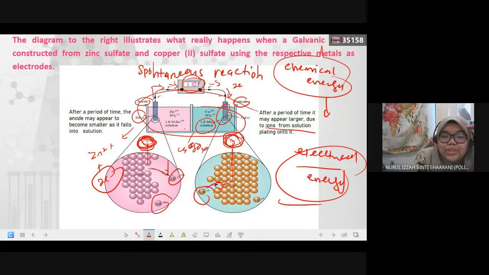So dia tak boleh, dah ambil dah ni, tindak balas dah selesai dah, and then the ion from the solution dah plating into this electrode, and then dia tak boleh lah nak pergi balik, patah balik pula, bagi balik dia punya electron pergi balik ke anode. So dia dah stop sampai situ saja, so movement of an electron tu satu hala sajalah maksudnya. Dia tak ada reversible reaction for an electron.